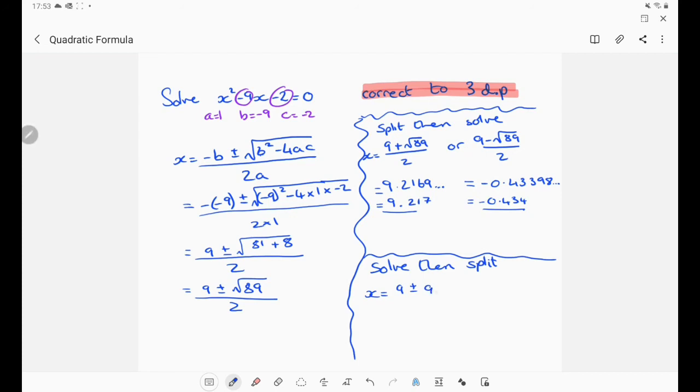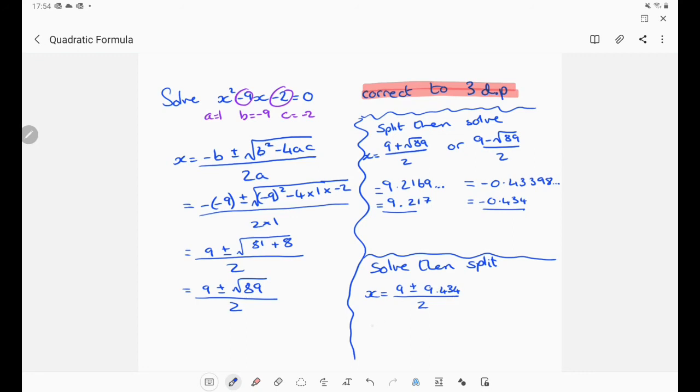And we get 9.43, etc. But we get to round it. You then divide that by 2 as before. So we've solved this into a decimal, we've done it to 3 decimal places.